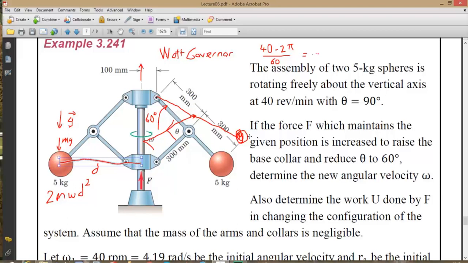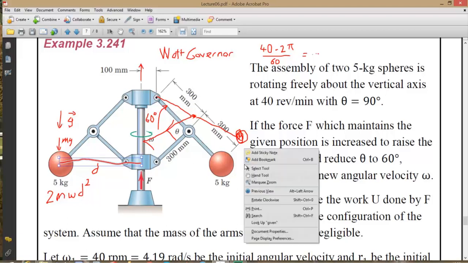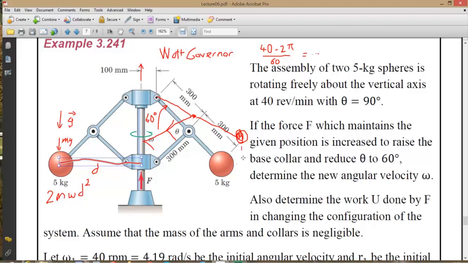So the total angular momentum of the particles in the second system should be equal to 2 times m omega d squared. But what has changed is the d here. D has become a little bit larger as it is moved up, and we can call that d prime.